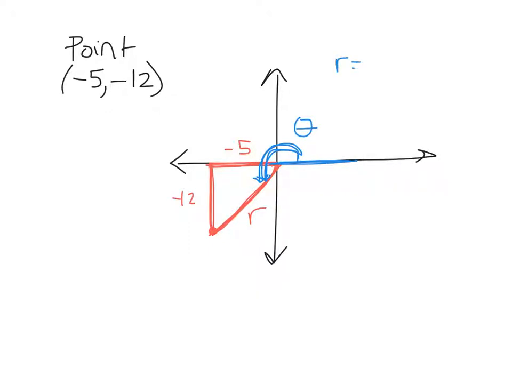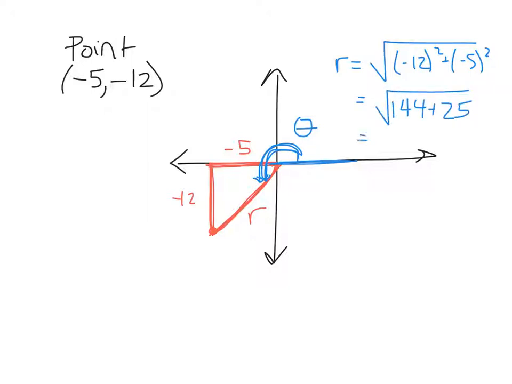So let's calculate r. r is going to be the square root of negative 12 squared plus negative 5 squared. So 144 plus 25, which is 169. And the square root of 169 is 13. So r is going to be 13.